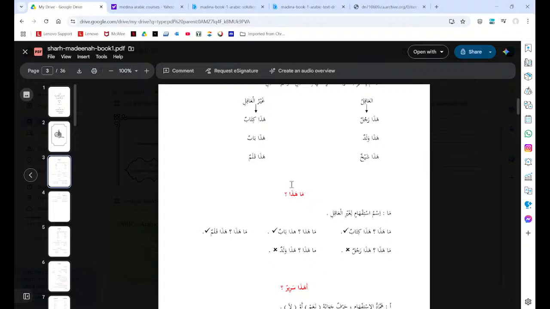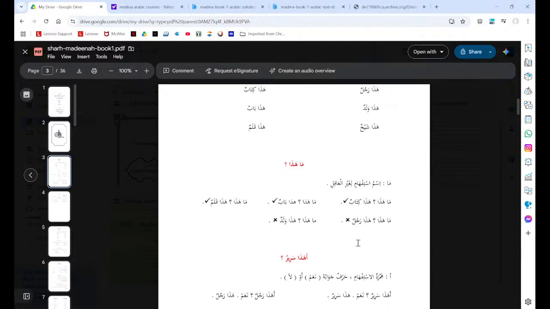Okay, ما هذا is اسم استفهام لغير العاقل, only for the thing without intellect. Okay, here they've given you a couple of examples. ما هذا؟ هذا كتاب.